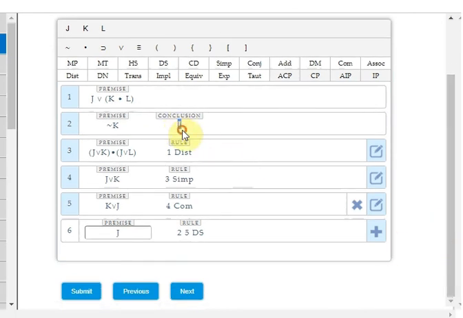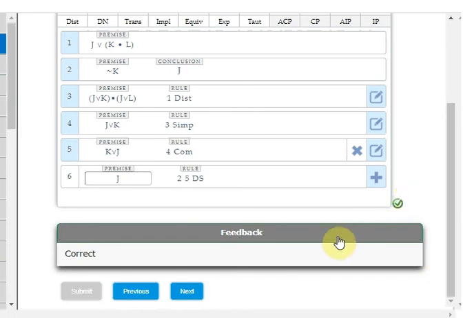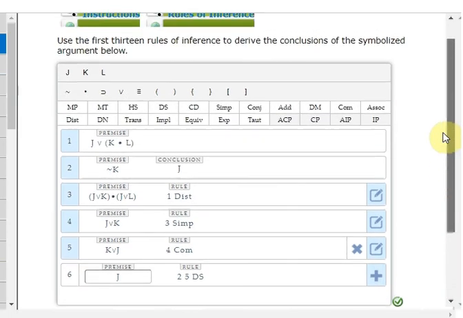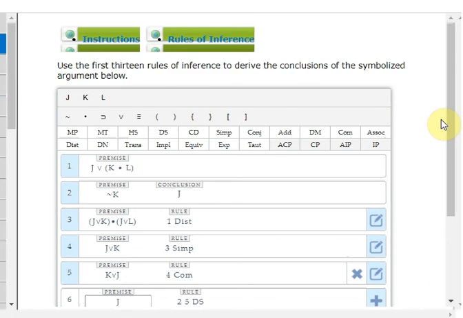Which is our conclusion, which was our J. Okay, and there it is, we have the green check and the word correct. So this is how the rules apply. Keep working at it. Practice as much as possible. Remember that I will have conference calls where you could join and ask for help.